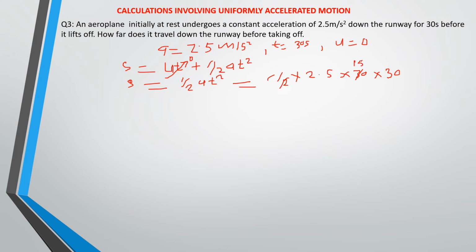So if you punch this into your calculator, you have that the distance traveled will be equal to what? 1,125 meters. So from your calculator, this is what you have: 1,125 meters as the distance traveled.